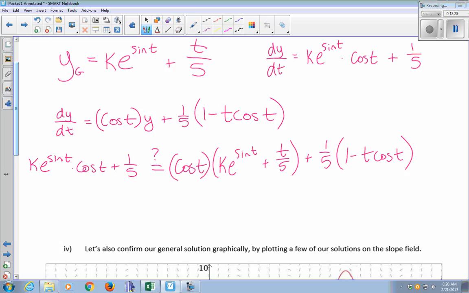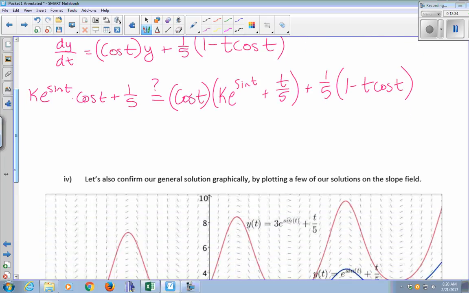All right, so when I simplify this, I should see that the left side equals the right side. And the left side is as simplified as it's going to get. I'm going to work on the right side, do some distributing, probably combining like terms or canceling, and we'll see what we get. So distribute the cosine t, and I get k e to the sine t cosine t plus t over 5 cosine t plus 1/5 minus 1/5 t cosine t.